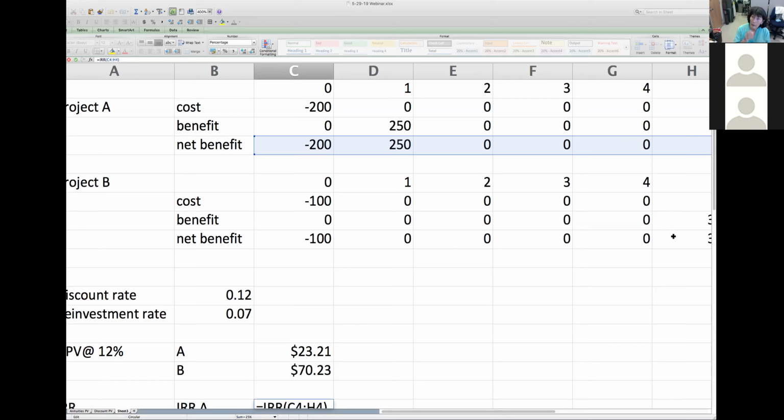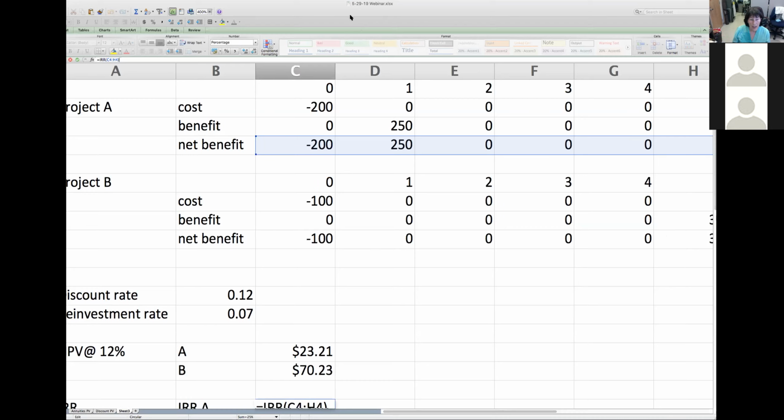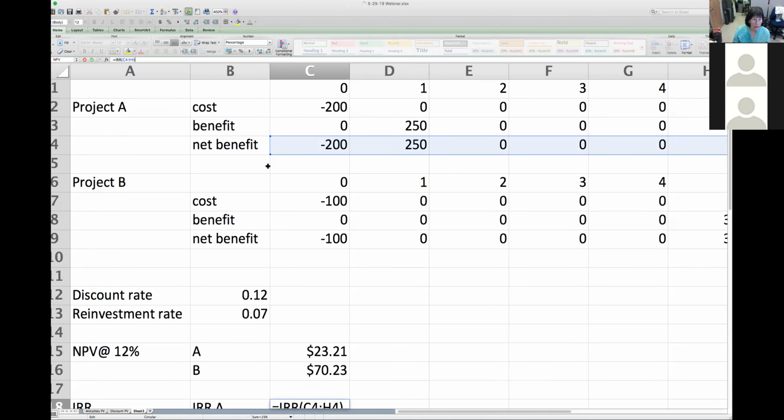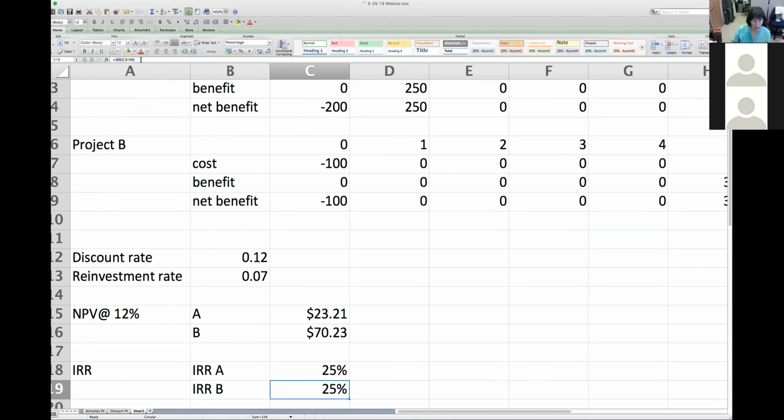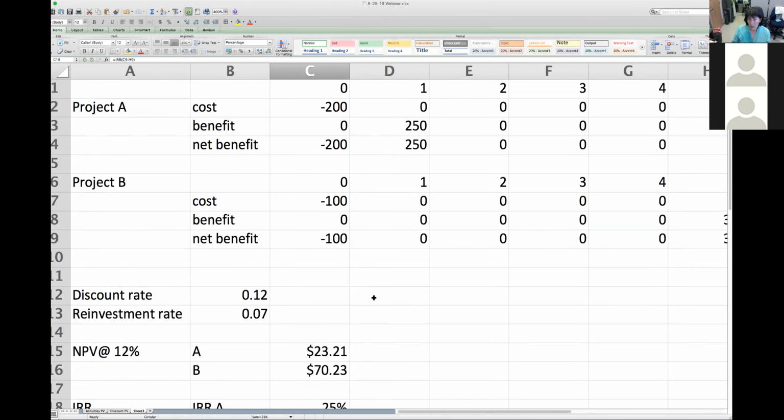If you just put one number, it thinks it's 1 year. So if it takes 4 years to pay out, then you have to give it 4 years. In this case, it's a 1 year payout. So that's how we got this 25%.